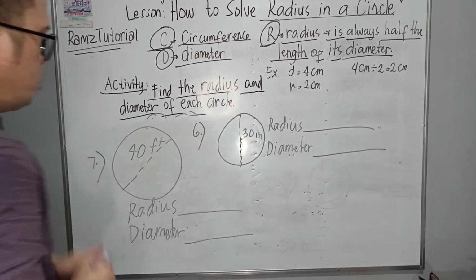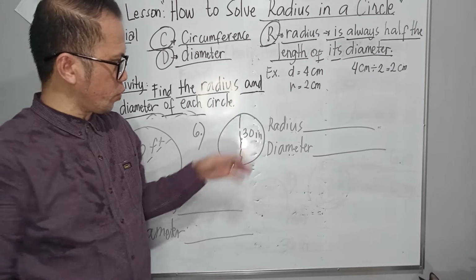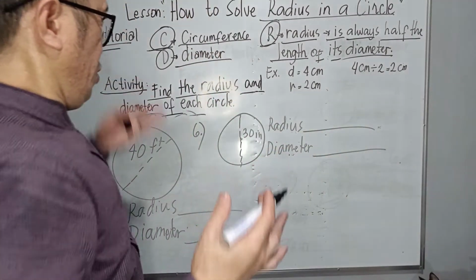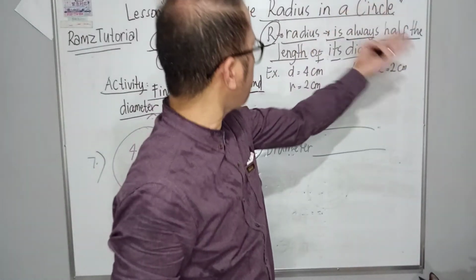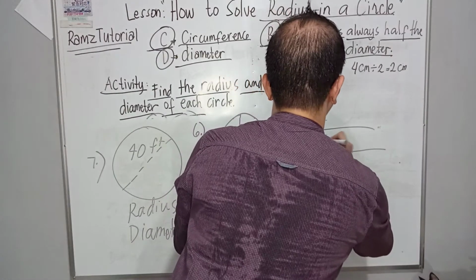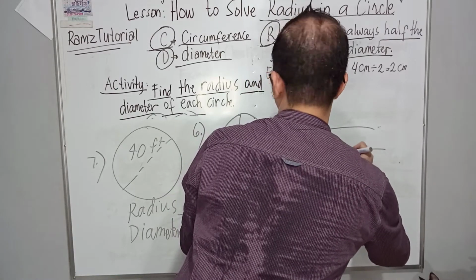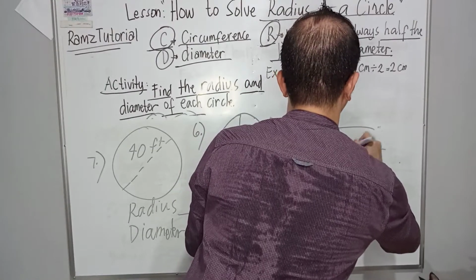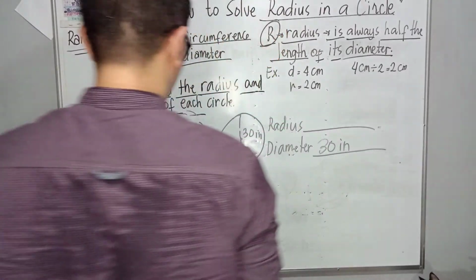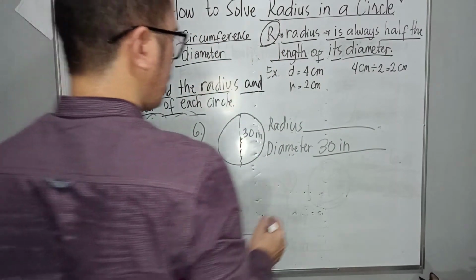Okay, let's solve it. For number 6, we have 30 inches. We're going to find the radius. Remember that the radius, class, is always half the length of its diameter. So we have here 30 inches, and then we need to divide that by 2.